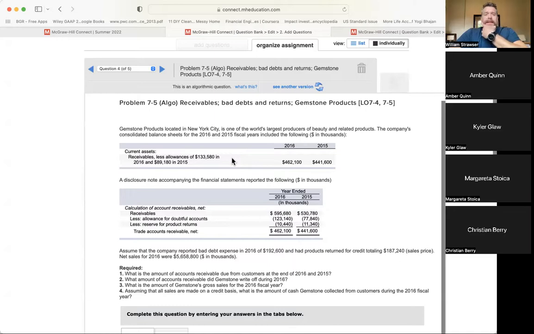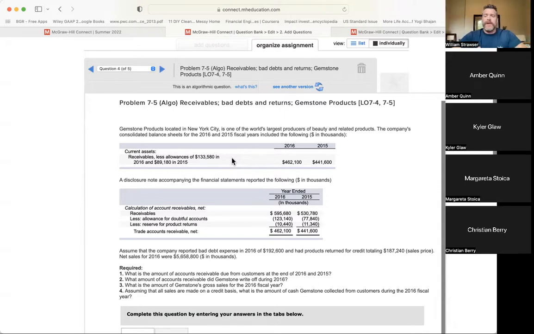This is a problem that hits at a higher level, and a lot of that is because we're no longer simply relying on journal entries, some memorized process of I debit this, I credit that when I'm in this situation.